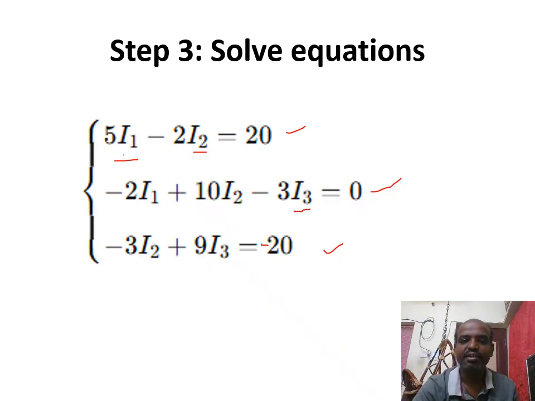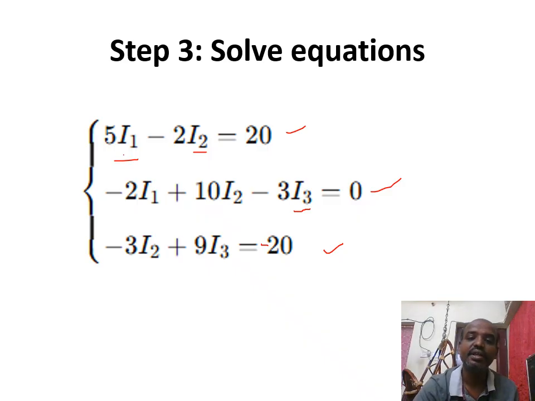In second equation only we have I1, I2, I3. But in first equation and third equation, it doesn't have all 3 values. So suppose here we don't have I3, we will assume that it will be 0. Here I1 is not there, we will assume that this will be 0.